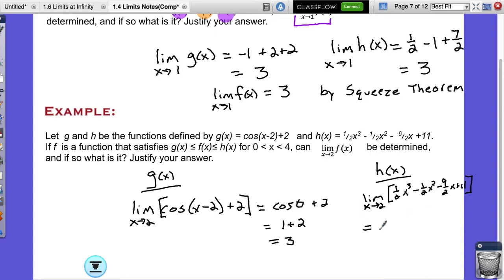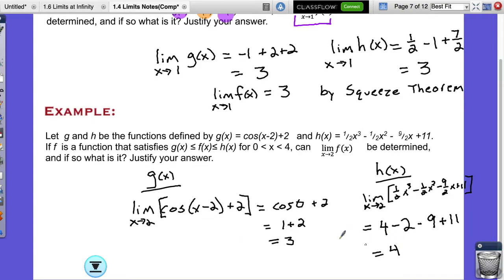If I plug 2 in, 2 to the third would be 8, half of 8 would be 4. 2 squared is 4, half of 4 would be 2. 9/2 of 2 would be 9. We get our plus 11. So that ends up giving me what? 4.